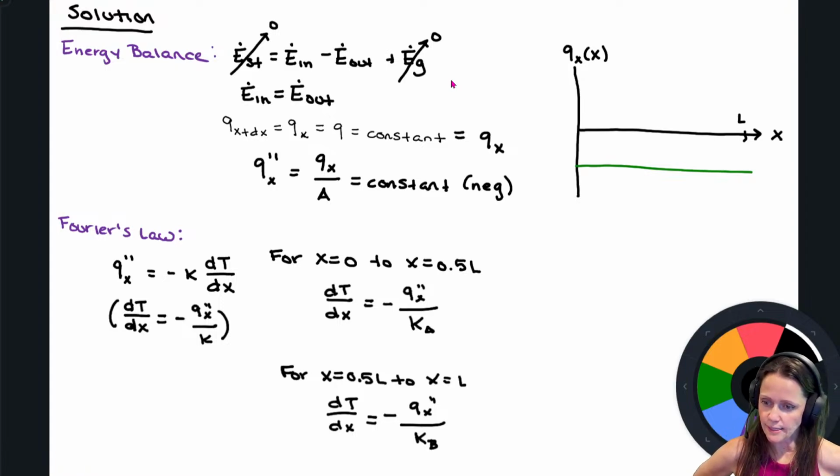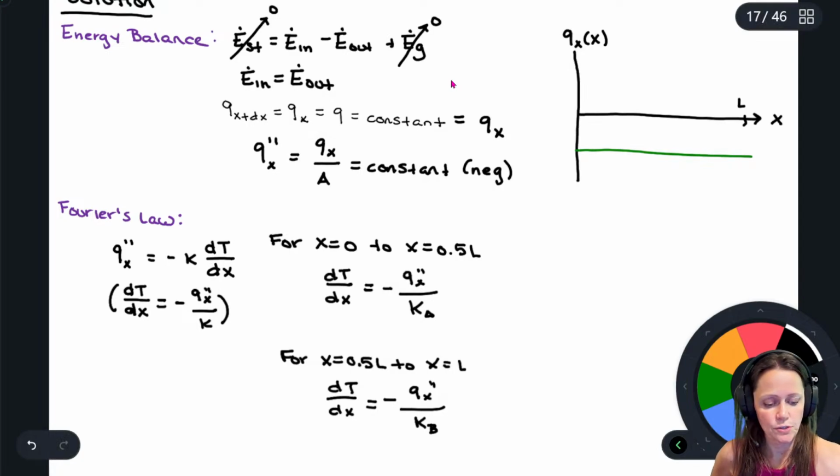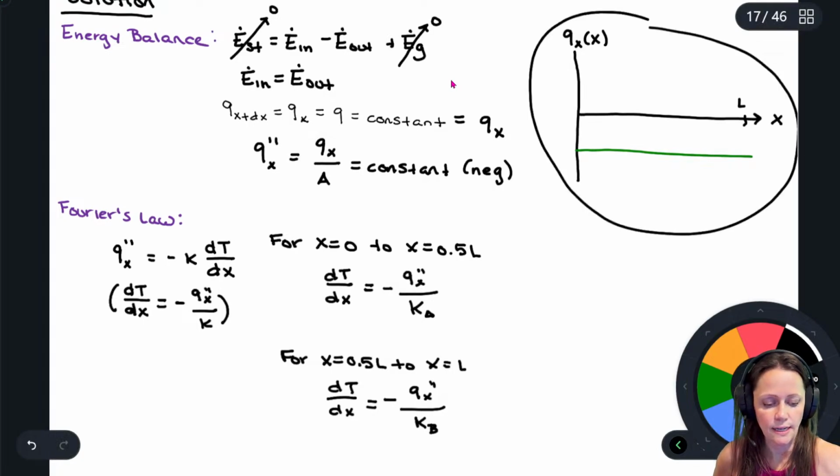So Alex said, the slope of, I think you're just looking at this guy right here. All it's telling you is that this guy is a constant, right?